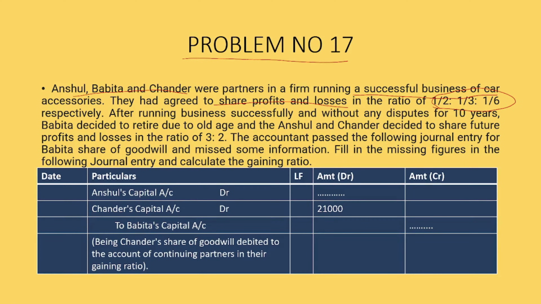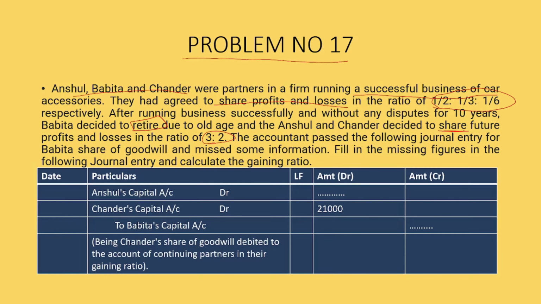After running the business successfully and without any disputes for 10 years, Babita decides to retire due to old age, and Anshul and Chandir decide to share the future profit and losses in the ratio 3:2.